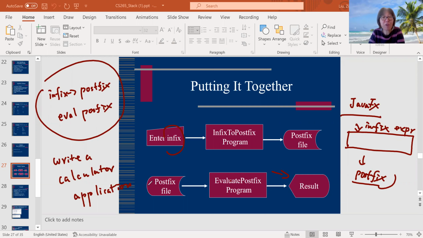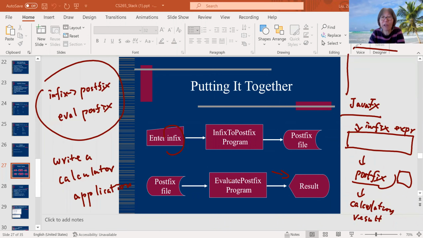After you get the postfix, you can apply the postfix expression evaluation algorithm and do the calculation to get the result. Then you can display it.